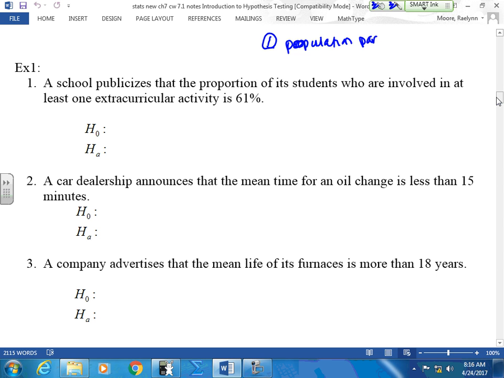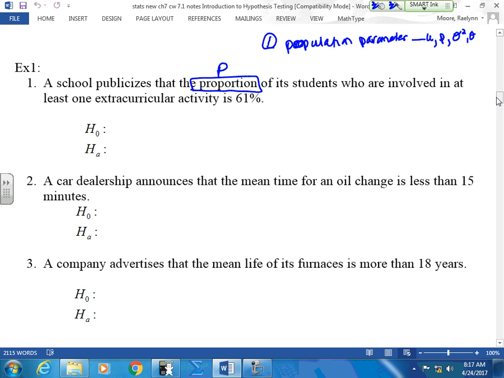What are they talking about? Are they talking about a mean, a proportion, a variance, a standard deviation? What are they talking about there? Proportion. So remember, this is the population. So we represent this with the P.